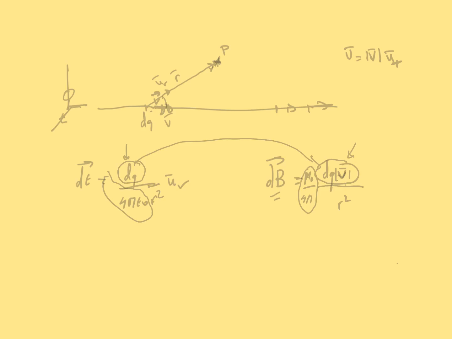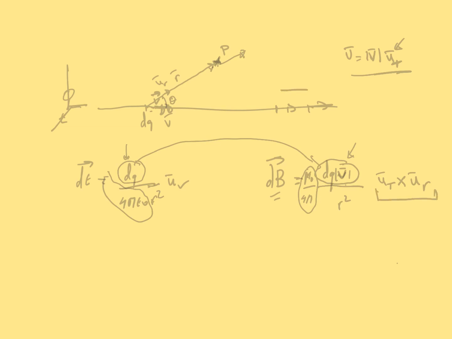It will depend on this angle theta. How will it depend? It will depend on u sub t cross u sub r. So the vector B will not go in this direction. No, it will go in the direction of u sub t cross u sub r.